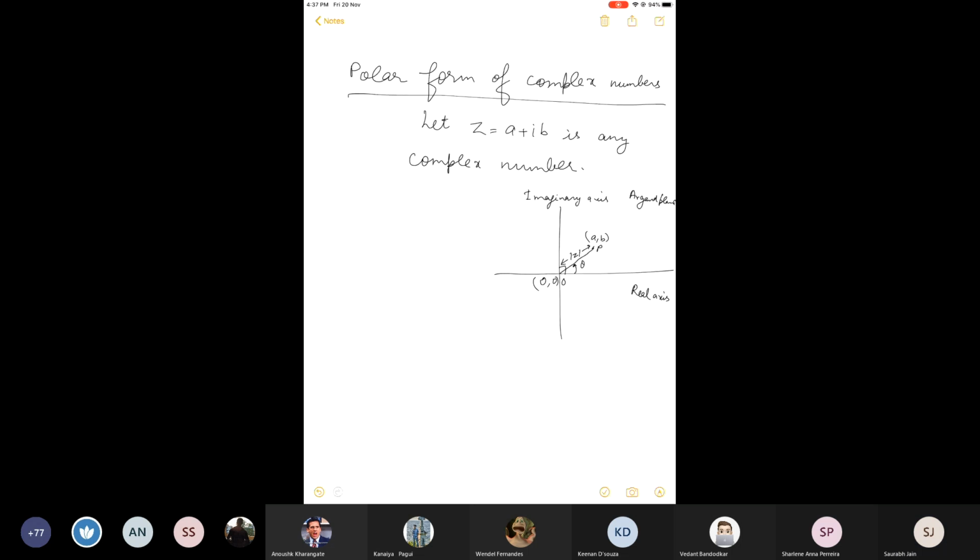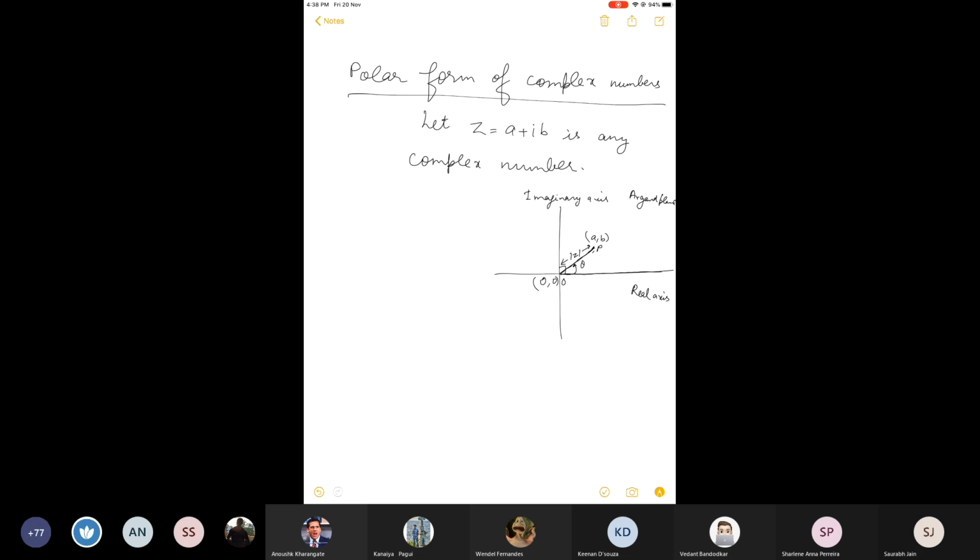Okay, or you just forget about it. Just try to understand one thing, that distance of P from origin is mod z. This is the definition of modulus. And theta is the angle which the line segment joining complex number and origin makes with positive real axis.